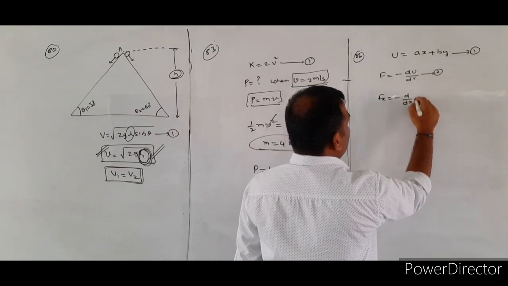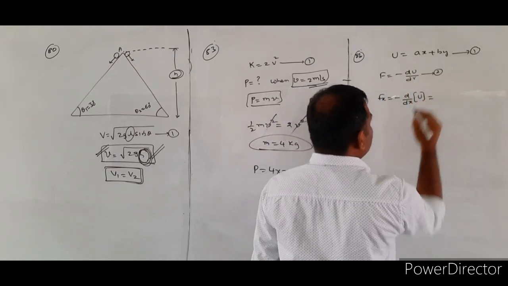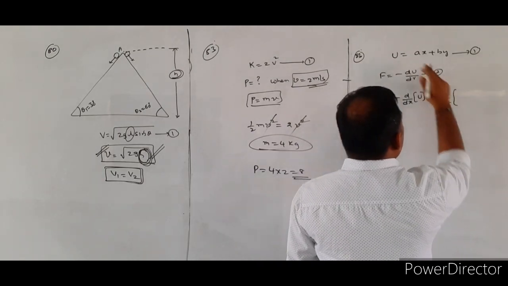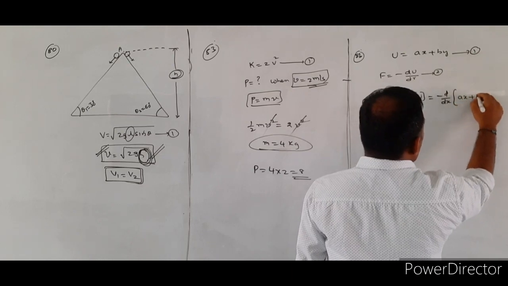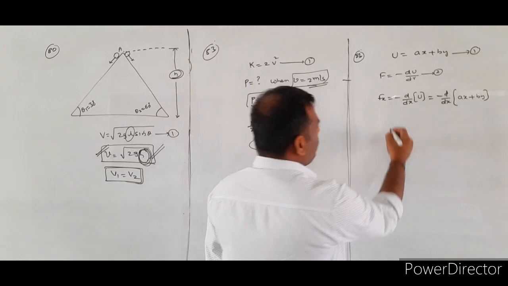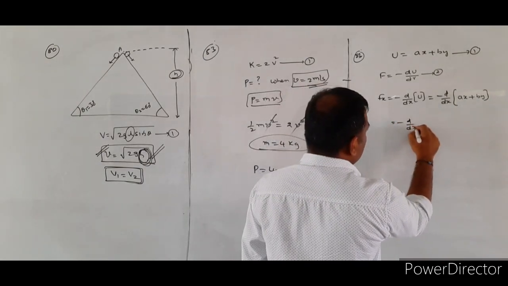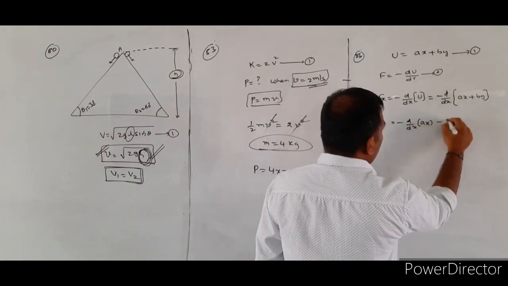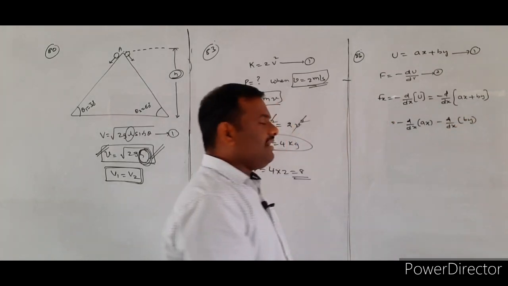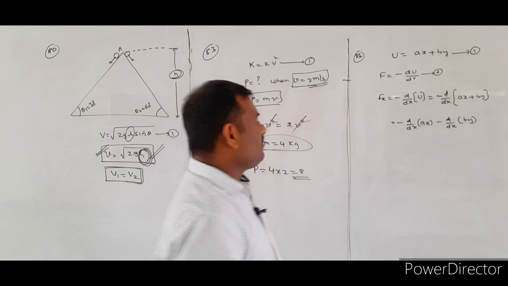minus d by dx of U, which is equal to minus d by dx of (ax plus by). That is minus d by dx of ax minus d by dx of by.